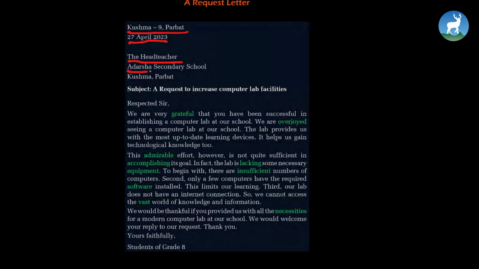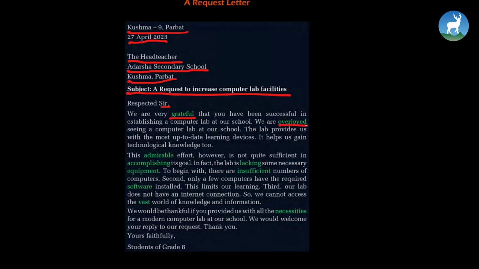The head teacher is working right now in other secondary school, Kushma Parbat. And the subject for this letter is a request to increase computer lab facilities. Let's begin reading the letter. Respected sir, we are very grateful that you have been successful in establishing a computer lab at our school.